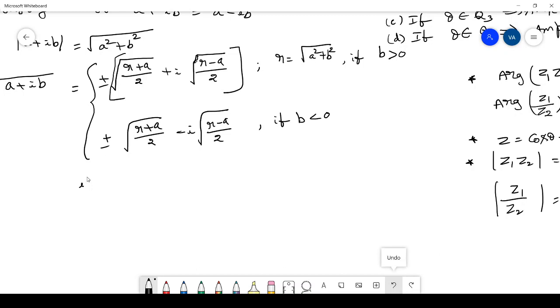We saw first i is root minus 1, i square is minus 1, i cube is minus i, and i power 4 is i square whole square, and minus 1 whole square is 1, like that. Okay, thank you. These are the important points on complex numbers.